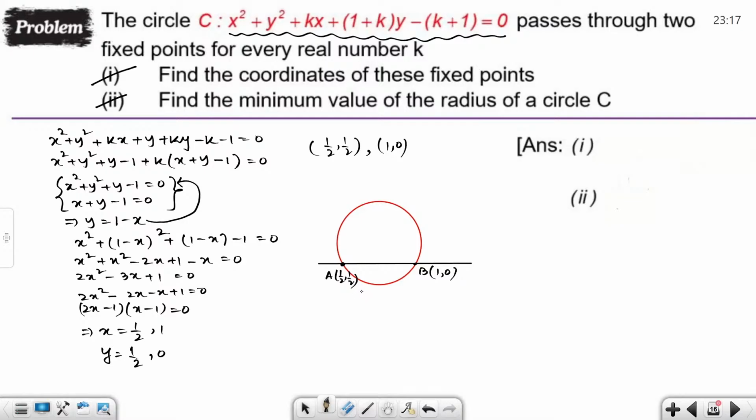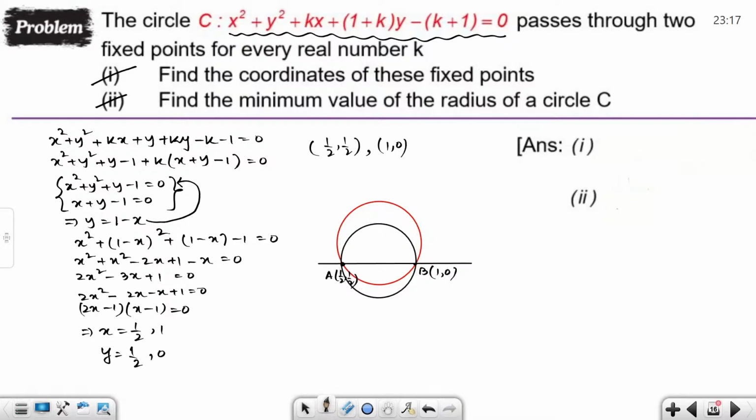Which circle they are talking about? Exactly. You have guessed it right. It is that circle whose diameter, the extremities of the diameter are A and B. Are you getting the point?